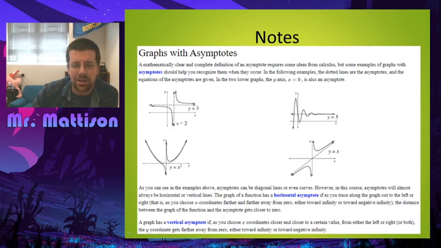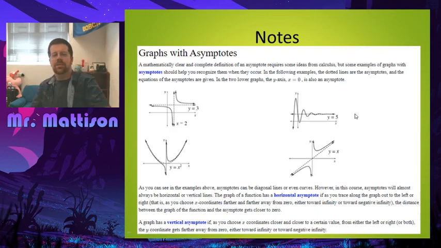Like on this one right here, we're crossing the asymptote, and we cross it a ton. What's important for horizontals is that as you go further out to the right, we're approaching that asymptote, getting closer and closer to it, just wiggling back and forth.